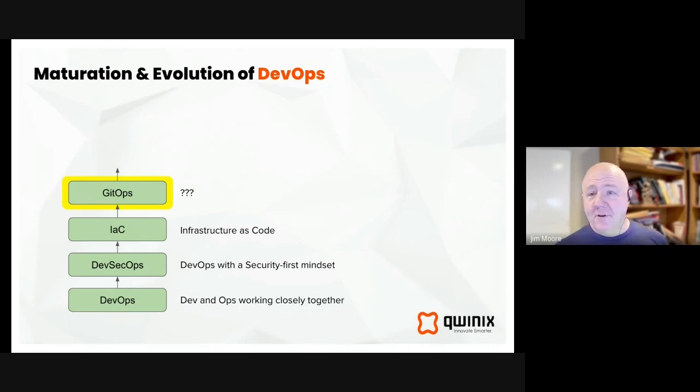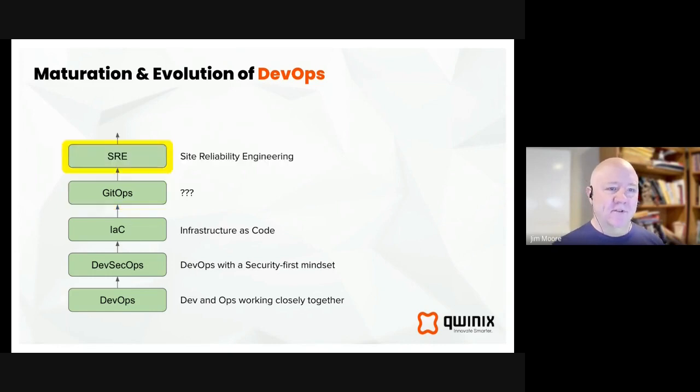And, of course, now is GitOps. But we're going to hold off on that to see how it fits into the larger picture. SRE, Site Reliability Engineering. This is the particular set of practices and technologies, but primarily practices that Google put forward on what works best for them, and they're encouraging everybody else to do the same thing.